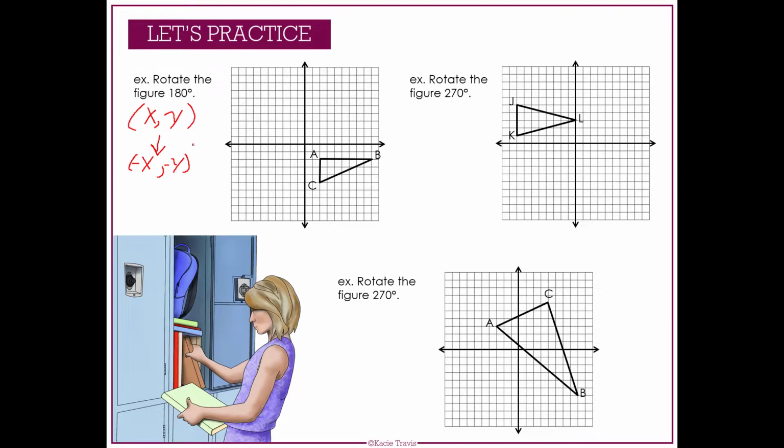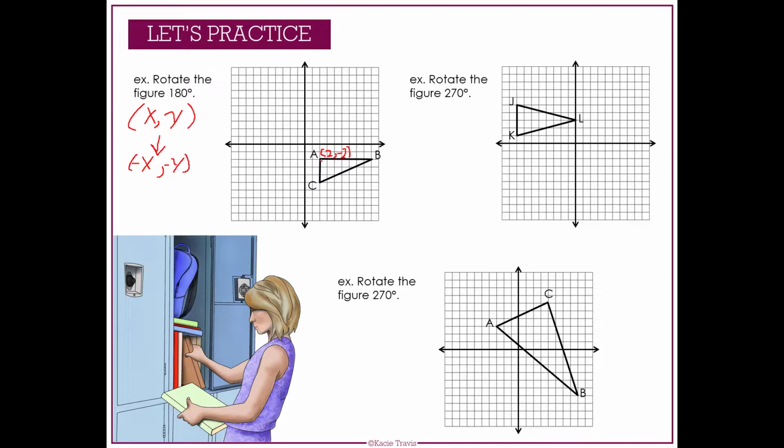All right, so let's note our original points here for this example, and let's see where it's going to move. All right, so A here is at 2, -2. B here is at, this is 2, this is 1, 2, 3, 4, 5, 6, 7.